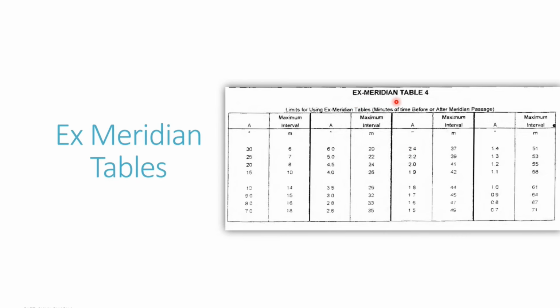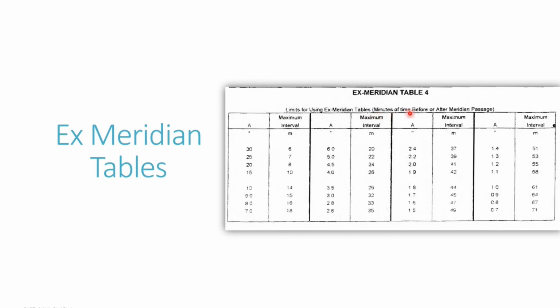You see the table number 4 on the slide now. This is Ex-meridian table 4. So in this table 4, we enter with the factor A, which we got from Ex-meridian table 1. So you can see this table gives the limits for using the Ex-meridian tables.